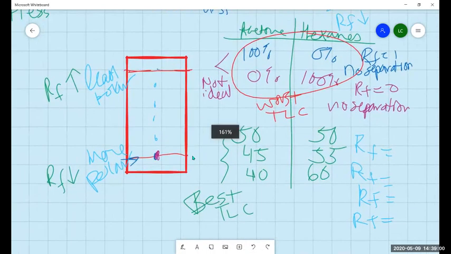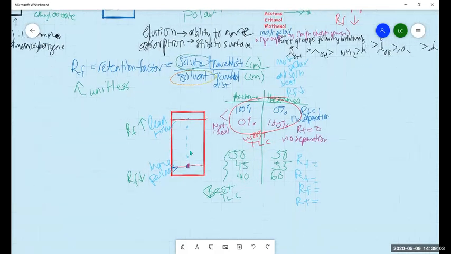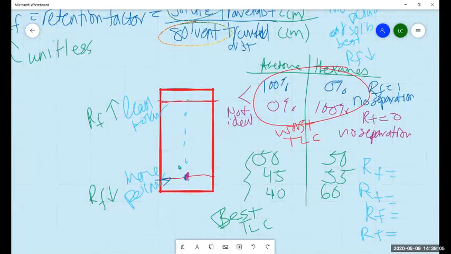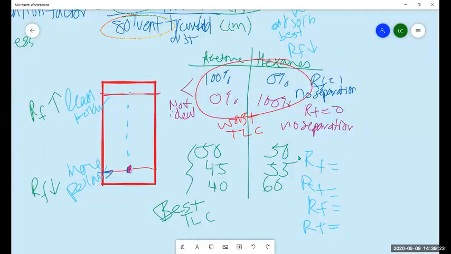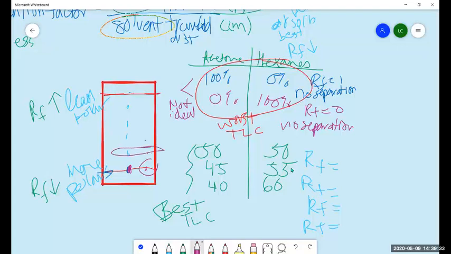So also, if you're given distances, you should be able to calculate the RF values. So if this was like, let's say 3.7 and this whole distance was like 8.1, then you could do 3.7 divided by 8.1 and you get like 0.456. So something like that you can do. And then by your RF values, so if you had multiple components, let's say we did another component here and then we got separation and this is maybe unknown, then I can just match the RF values with a known and figure out what my component is.